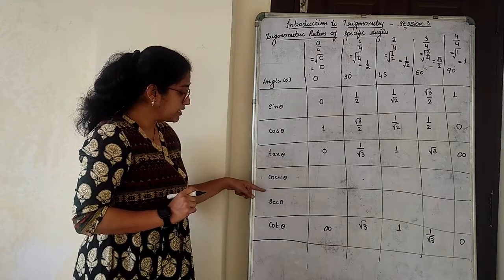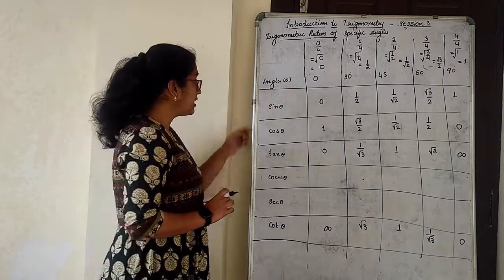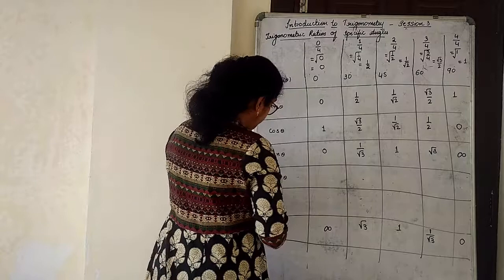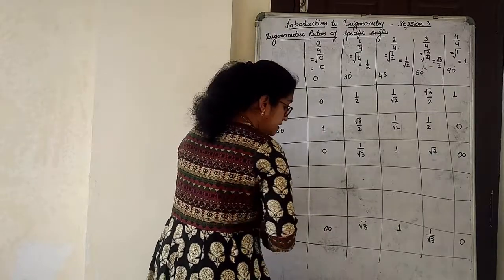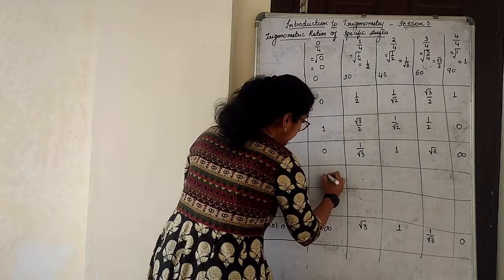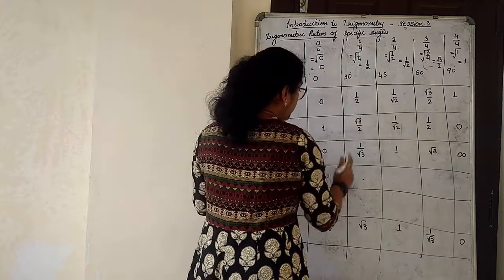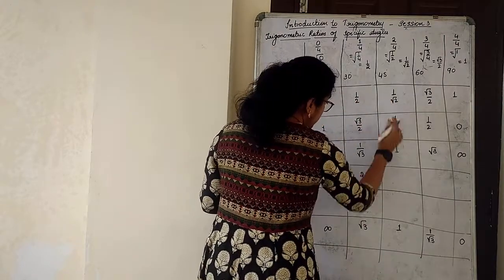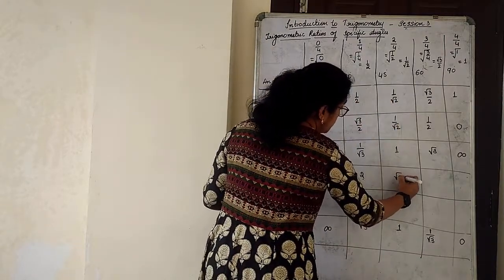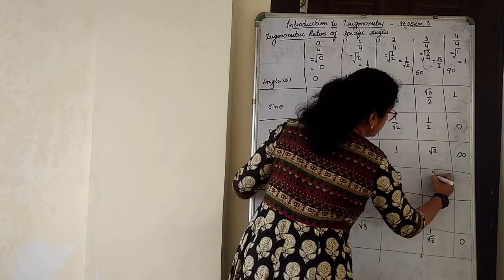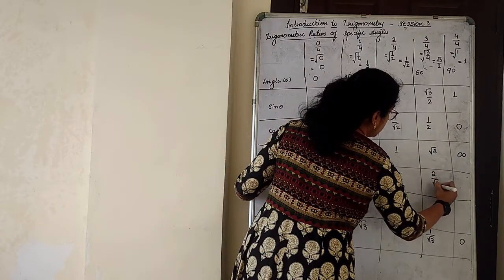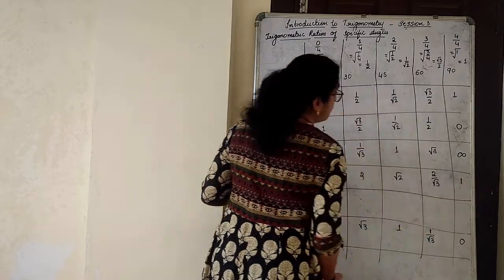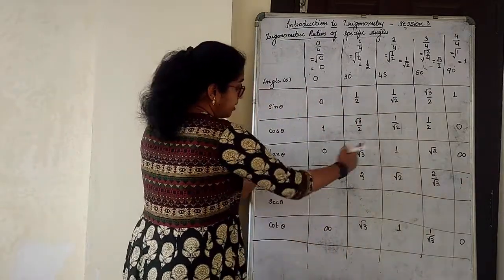Remaining is cosec and sec. What is cosec? Reciprocal of sine. So, reciprocal of 0 is not defined. Reciprocal of 1 by 2 is 2. Reciprocal of this, root 2. Reciprocal of this, 2 by root 3, and reciprocal of 1 is 1.